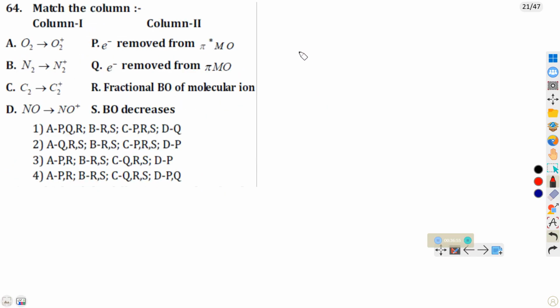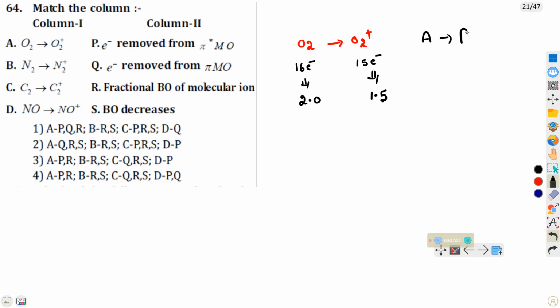Match the following. O2 converted to O2 plus. In O2, the total number of electrons is 16. In O2 plus, the total number of electrons is 15. 16 electrons, bond order value 2. 15 electrons, bond order value is 2.5. For example, you can consider A. Remove the electron from the anti-bonding pi star molecular orbital.